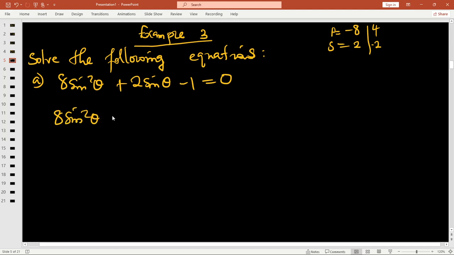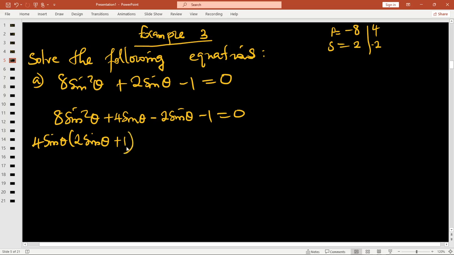So we can rewrite this as 8 sine squared theta plus 4 sine theta minus 2 sine theta minus 1 equal to 0 then. We can factorize here. We look for what's common. So 4 sine theta is common there, so we have 4 sine theta, then open brackets. We're going to remain with 2 sine theta plus 1 like this here.